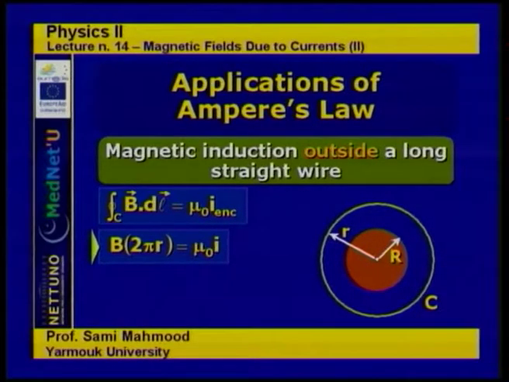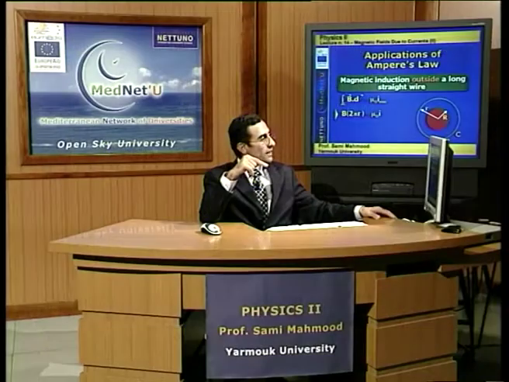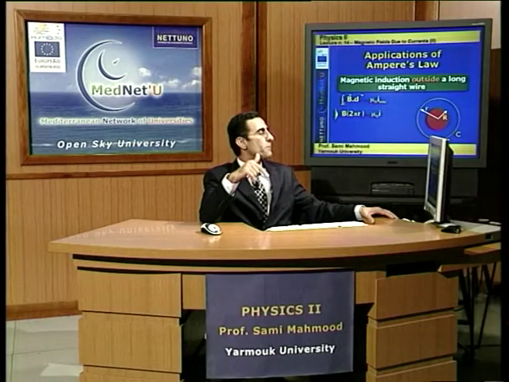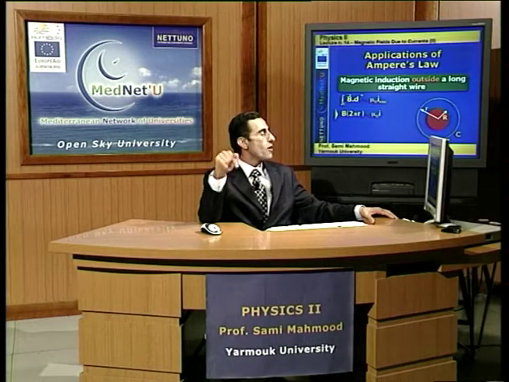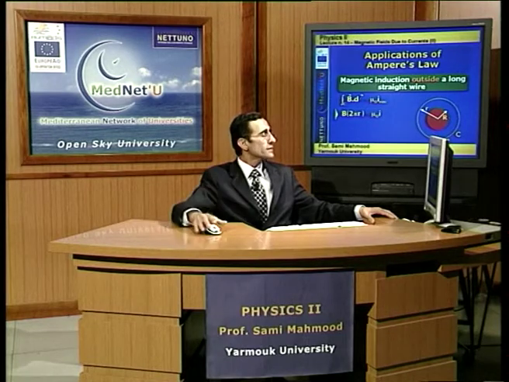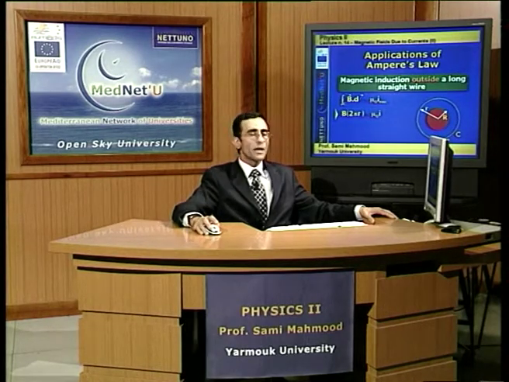So B and dl are in the same direction. The angle between them is 0, and cosine 0 is 1. So the integral is simply B times the integral over the Amperian path of dl. The integral over the Amperian path of dl is simply L, the total length of the Amperian path, which is 2 pi r.